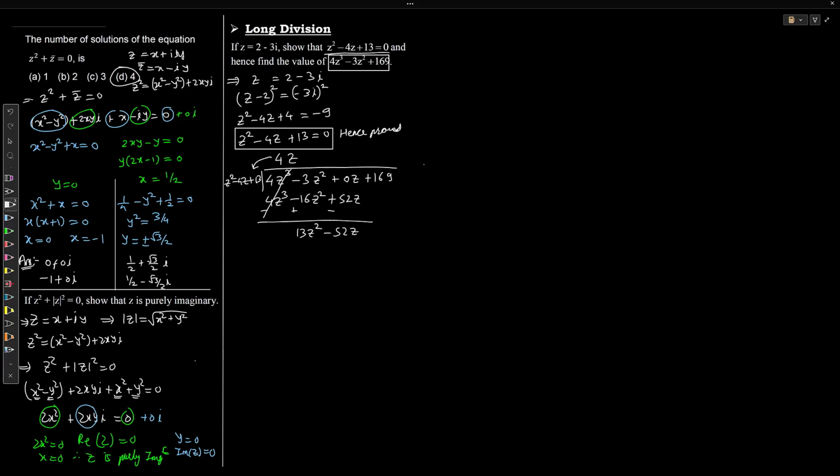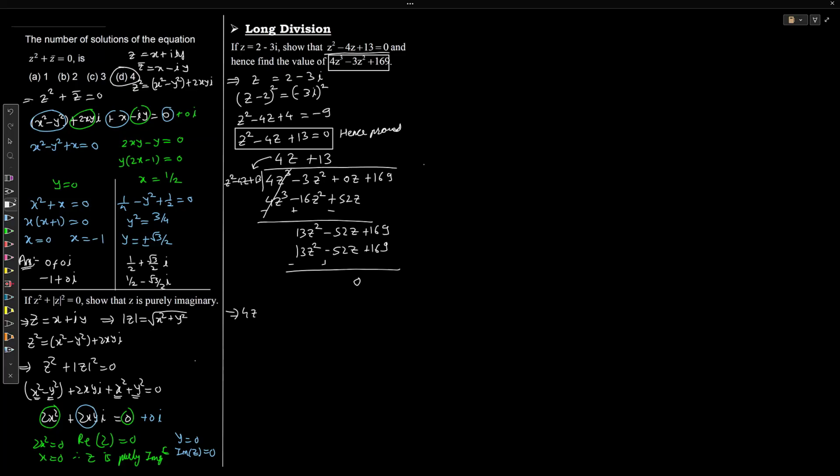Similarly, minus 52z plus 169. Now what do we need? 13z square. So what do we have to multiply z square by? 13. So 13z square minus 52z plus 169. Change the sign. You will get 0 as your remainder.